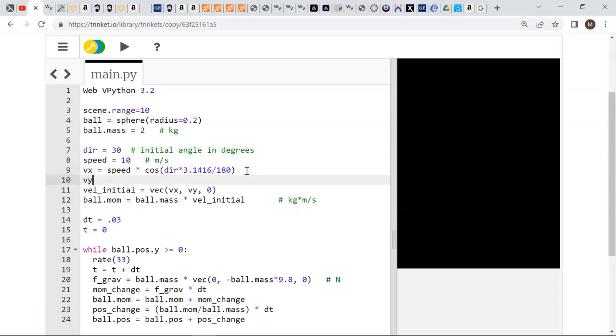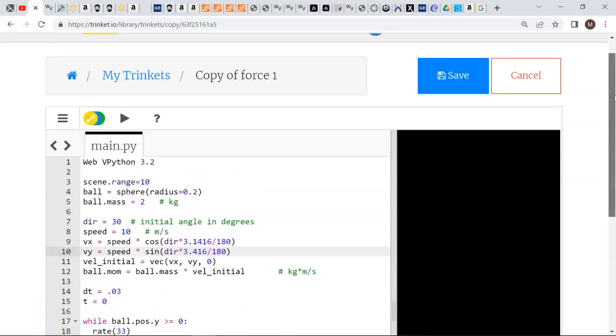And for y, same thing, except now we use the sine. Sine of the angle in degrees times 3.1416 radians per 180 degrees. Okay, let's save this.